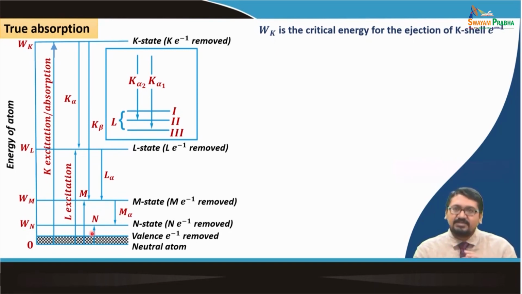So, the valence electron is removed from the atom, and it is in a slightly higher excitation state.